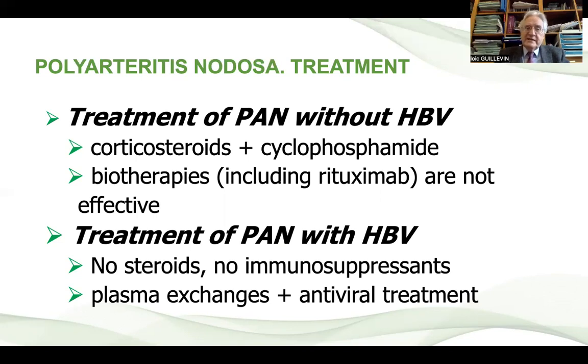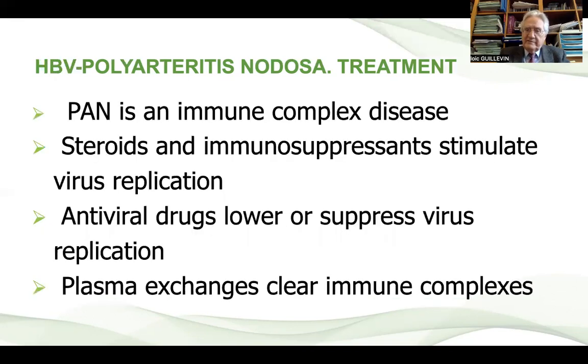In such a case, we avoid steroids or immunosuppressants, and we prefer a more etiological treatment combining plasma exchanges and antiviral treatment. Why? Polyarteritis nodosa is an immune complex disease. Steroids and immunosuppressants, when you prescribe them, stimulate virus replication.